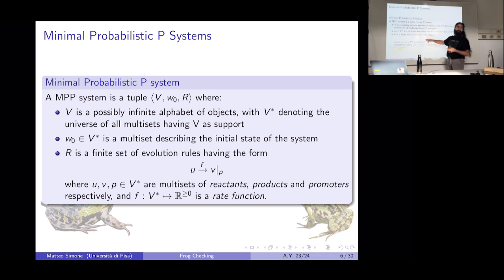These rules of the MPP systems are composed of individuals that we need to apply the rule, that are consumed by the rule, a set of individuals that are produced by the rule, a promoter, which is something we need to even take the rule into consideration, and some rate f, which is the probability or the rate at which the rule is applied. So these all just look garbled, but we don't actually need to know the details. I don't even know them myself, so it's fine.